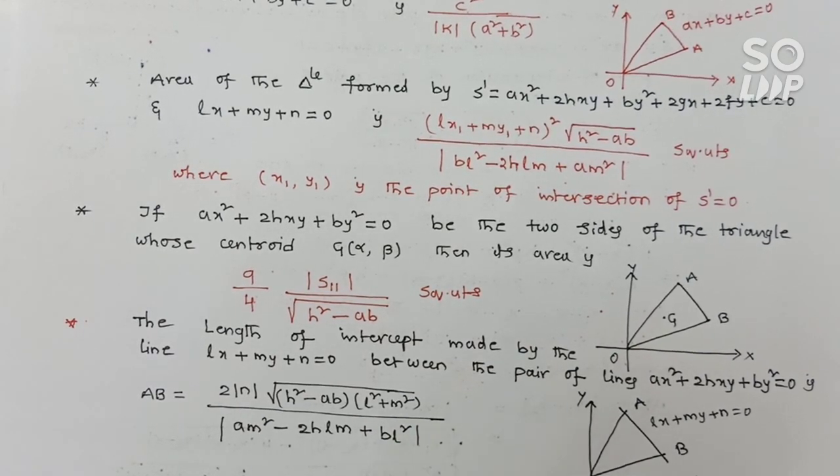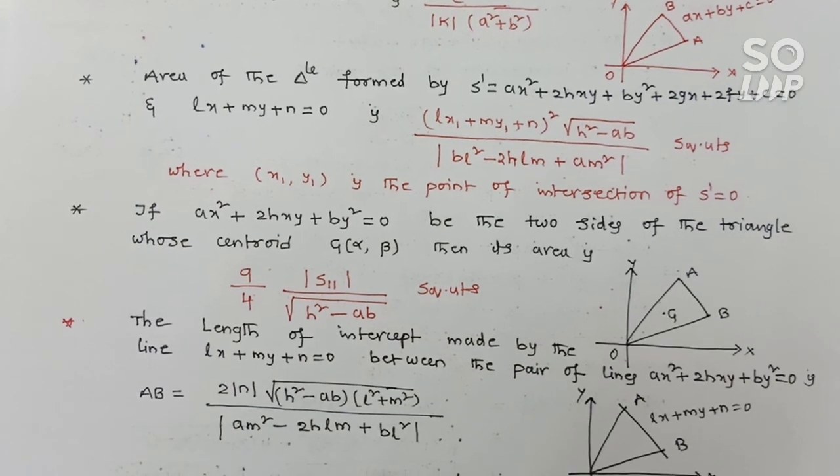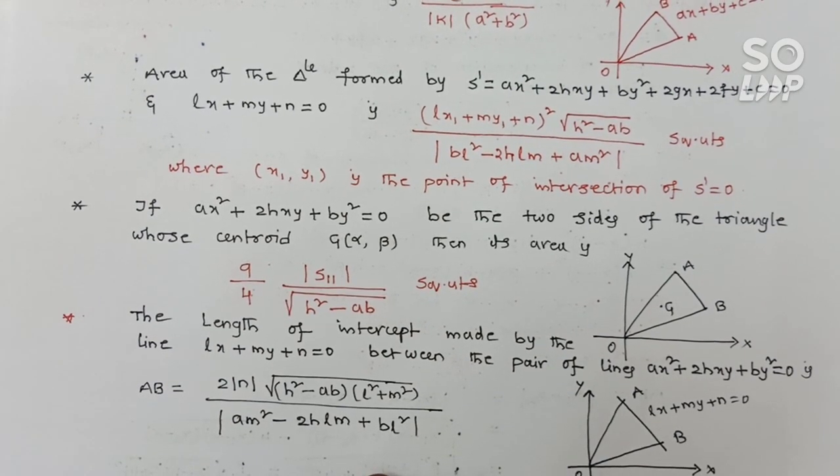This one is the length of intercept made by the line between the pair of lines. So this is also an important formula.